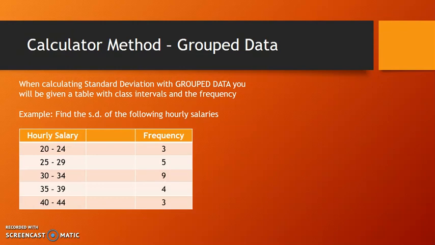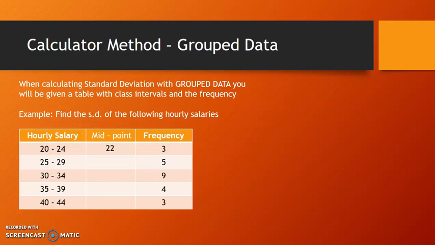All right? Now the first thing we need to do, because these are class intervals, is we have to find the midpoint. Now to find the midpoint between 20 and 24, you add them together to make 44 and divide by 2. So the midpoint between 20 and 24 is 44 divided by 2, which is 22.